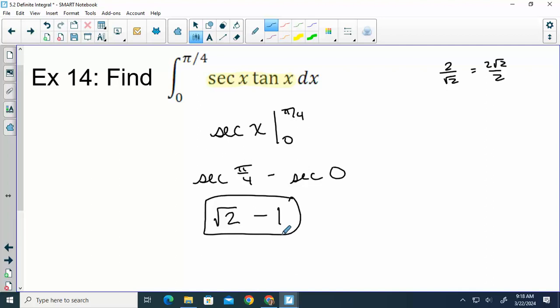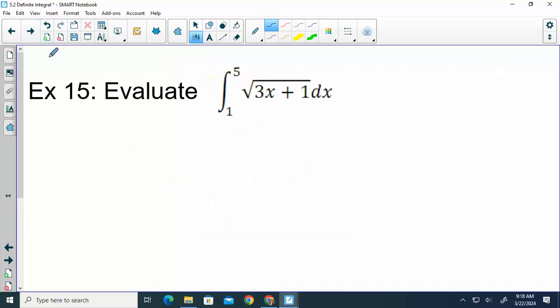Alright, I want you guys to try a harder one. See if you can figure out this one on your own. So antiderivative of square root is the same as the 1/2 power.